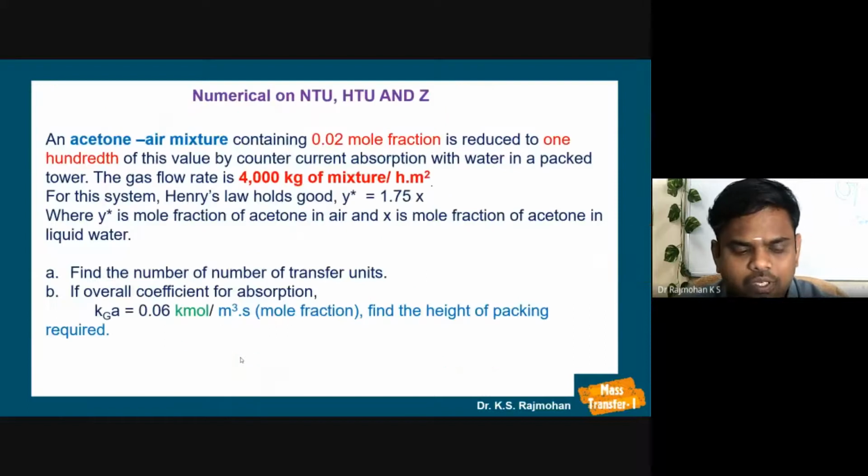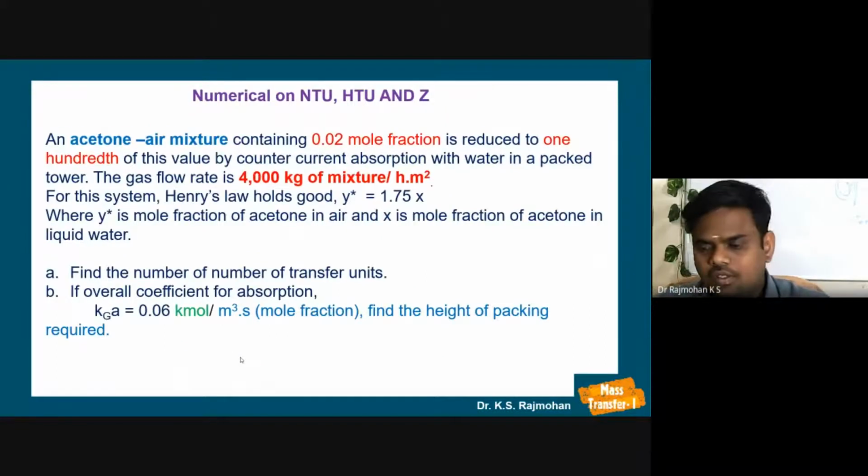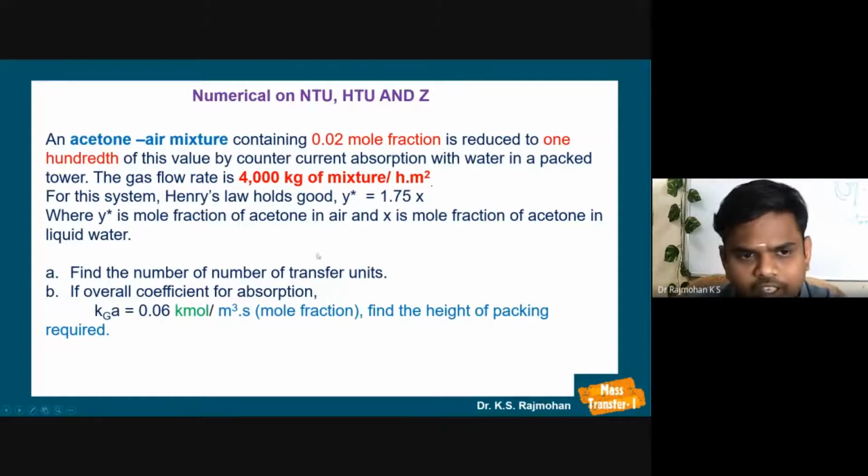Let's solve a numerical on this. An acetone air mixture containing 0.02 mole fraction is reduced to 1/100th of this value by counter current absorption with water in a packed tower. The gas flow rate is 4000 kg of mixture per meter square hour.